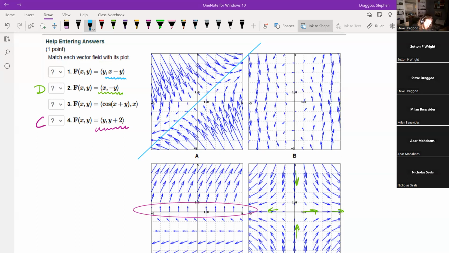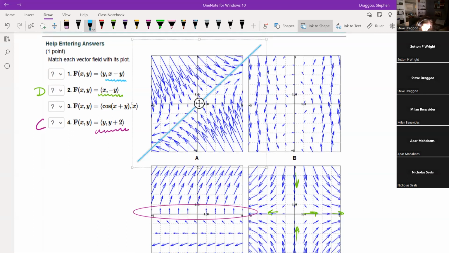But also at each point along that blue line I sketched in, I have purely horizontal vectors. It looks like I missed just a little bit with my accuracy on that, so let me just adjust it to be right here. Yeah, that looks better.